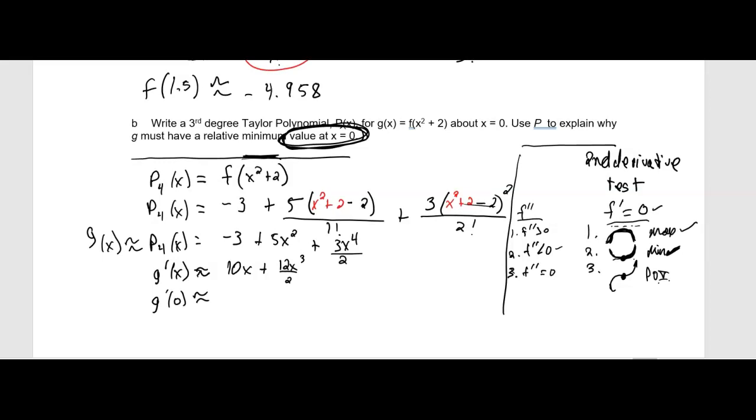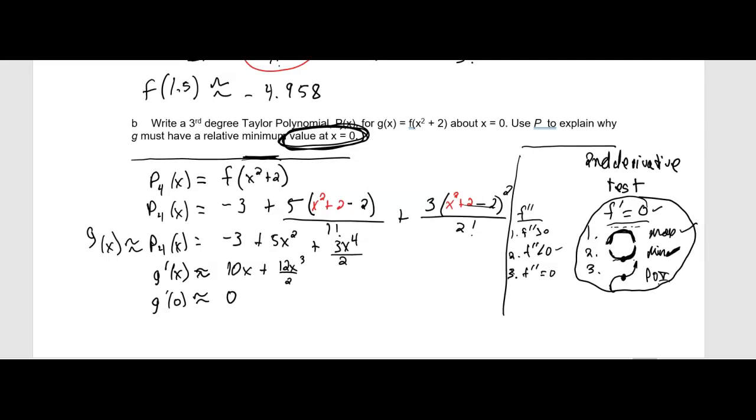And G double primed is going to give us a value of 0. Because G double prime has a value of 0, we know that we are dealing with one of these 3 things. So if we took a second derivative, that would just leave us with a 10, and then we would know the rest of these.